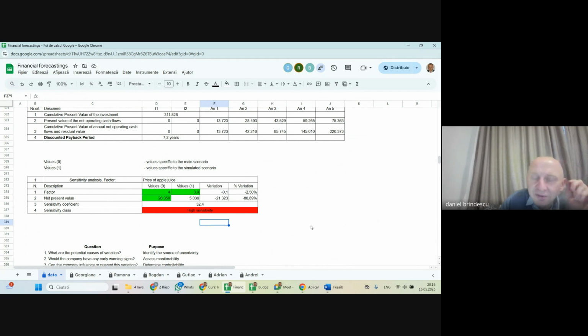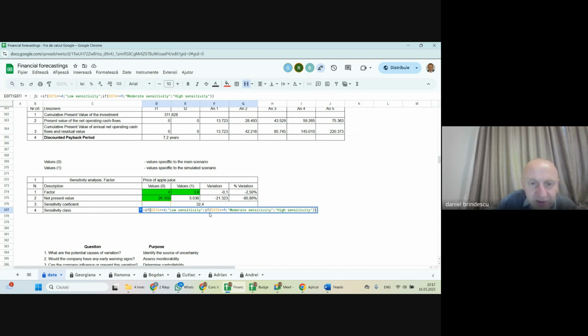Now, we will use the following scale. This is how we calculate the sensitivity coefficient: the relative variation of the net present value over the relative variation of the factor. If the sensitivity coefficient is lower than 4, we classify the factor as showing low sensitivity.